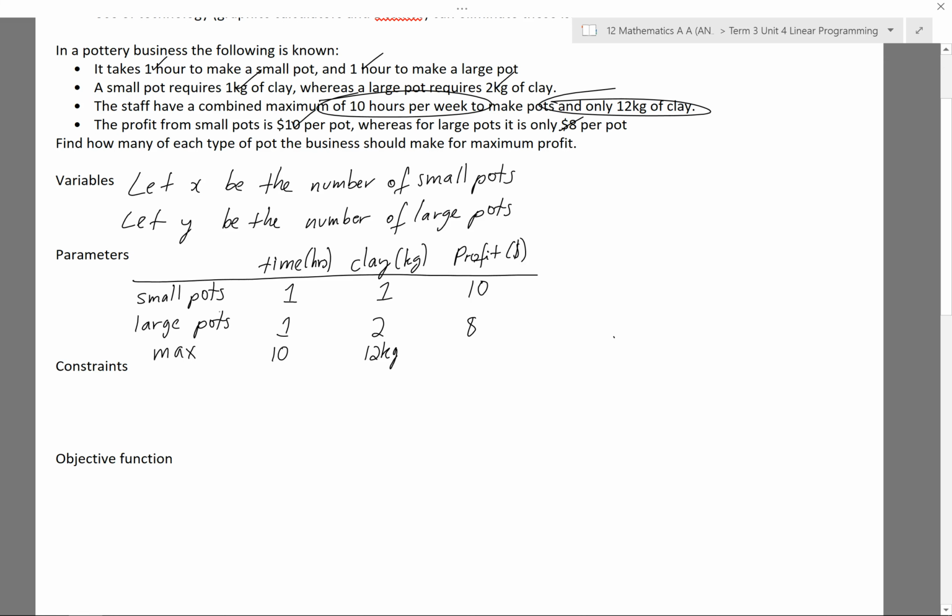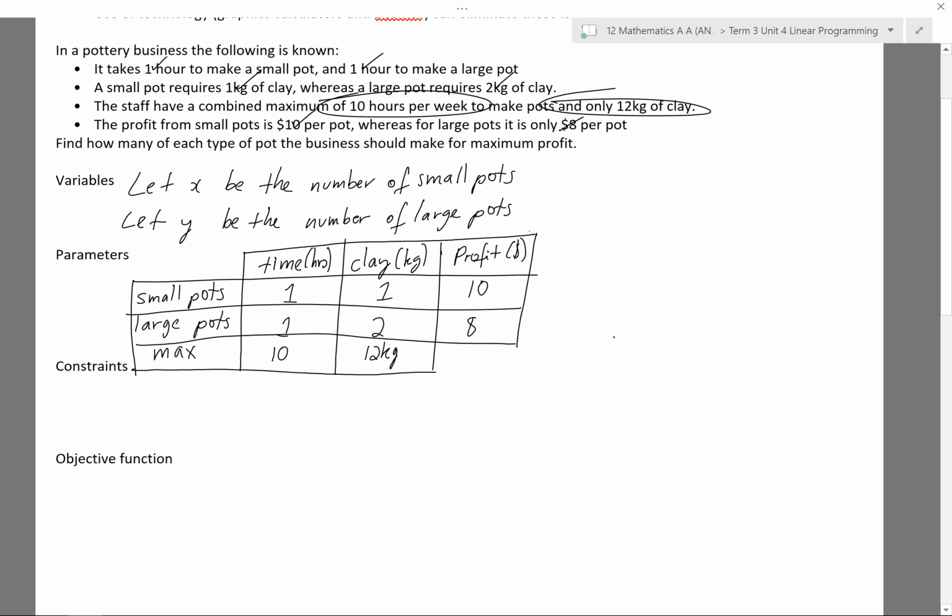I can then make that into a table. Magic. And from here, I can start thinking about constraints. Just note that in here, we're not adding 1 plus 1 equals 10. See, this says maximum. It's a common misunderstanding.